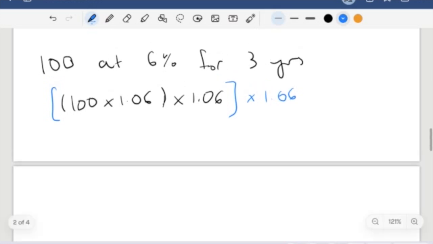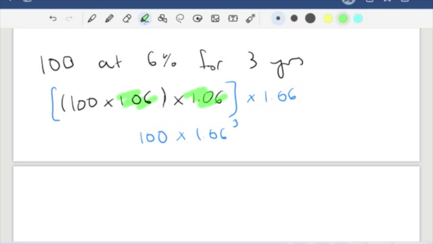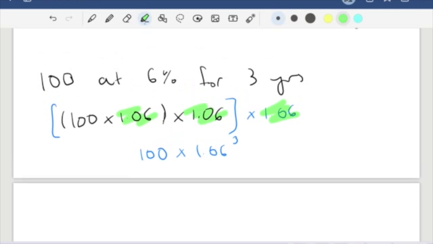That's how we get, for example, 100 times 1.06 to the power of 3, because I have 3 of these. When I multiply the same number by itself 3 times, I can say I'm raising it to the power of 3.